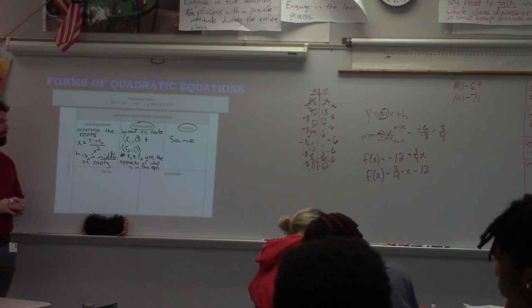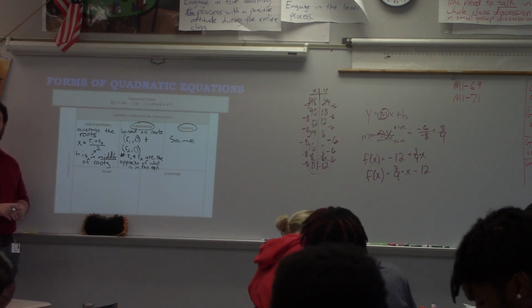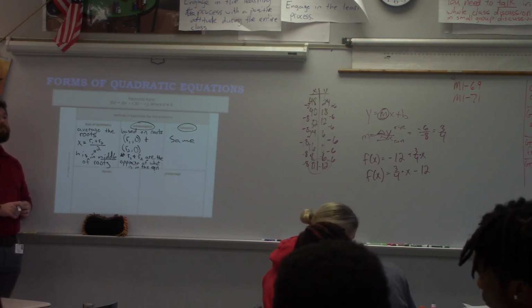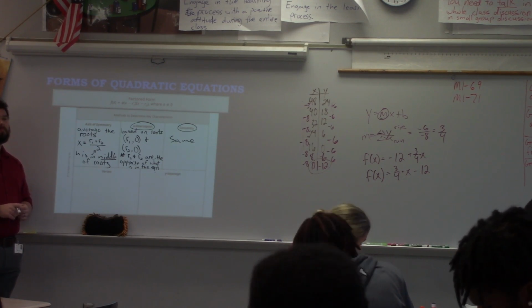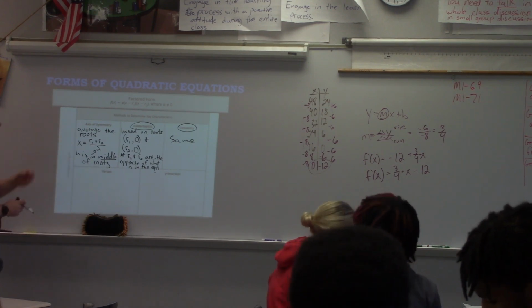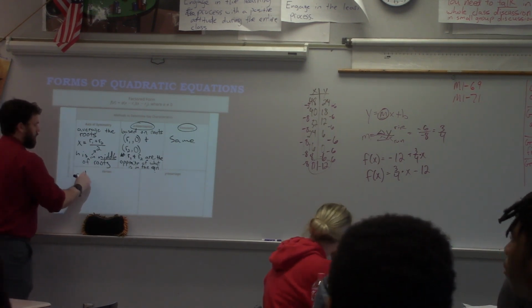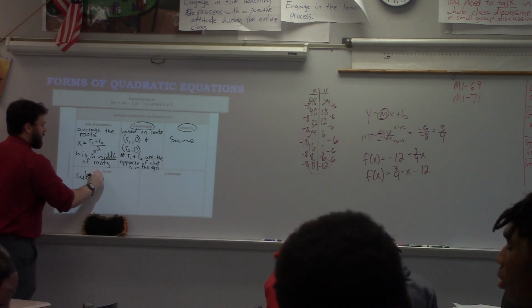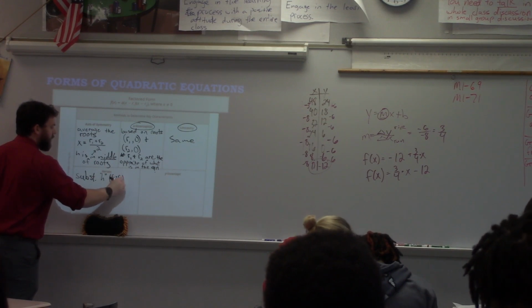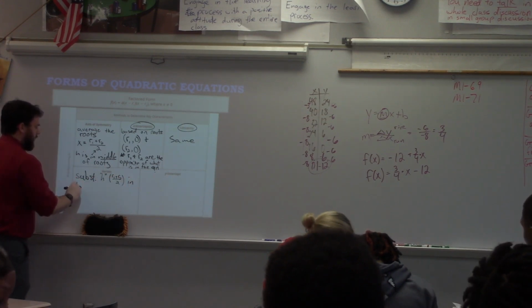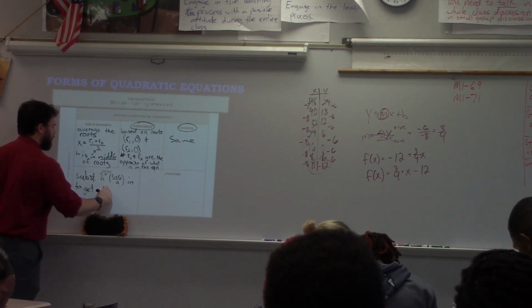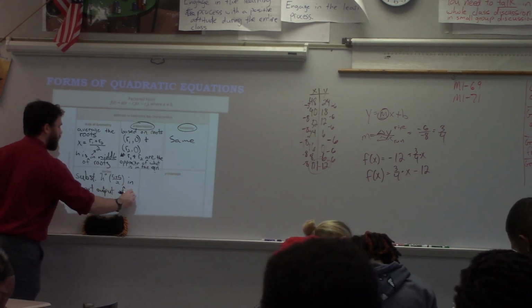What about vertex? No, we're still writing. Huh? Substitute what in? H, right? H equals R1 plus R2 divided by 2. So substitute H in, which remember that's the R1 plus R2 divided by 2, to get output of K, right?